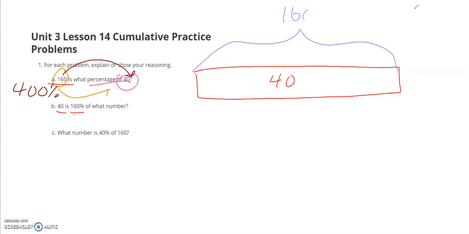It's 160% of what number? That means the number is going to be 100%. So we need to figure out where in this tape diagram is 100%.